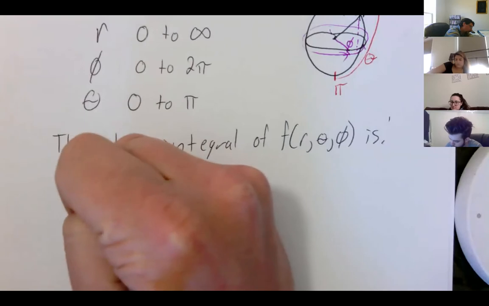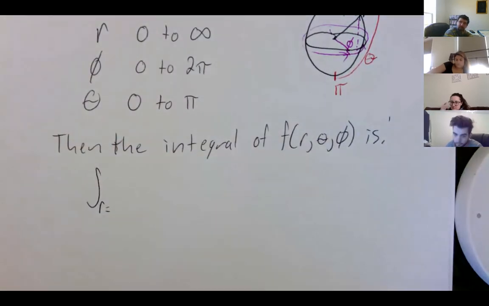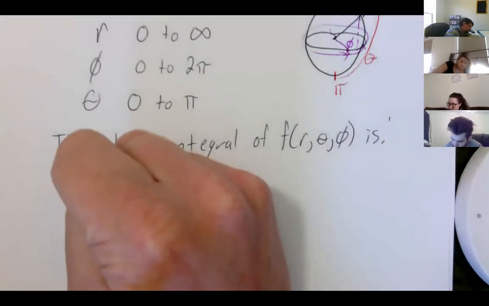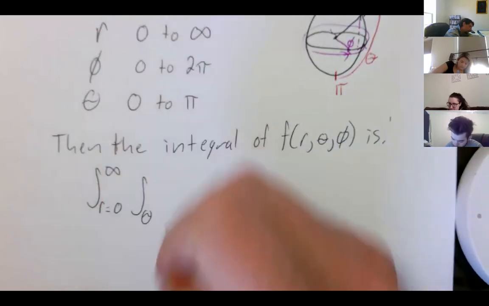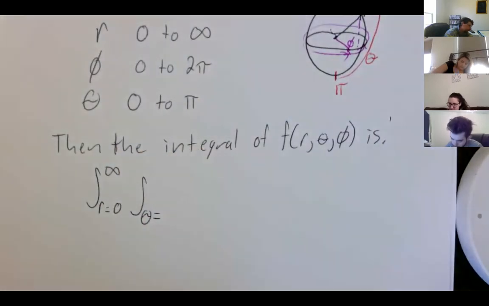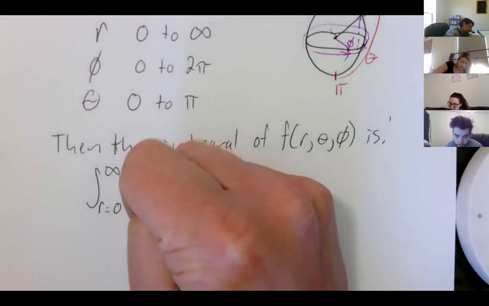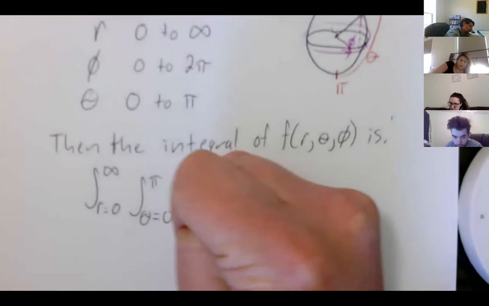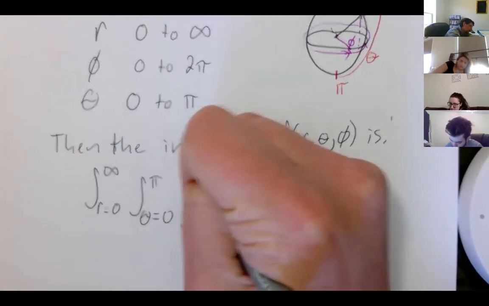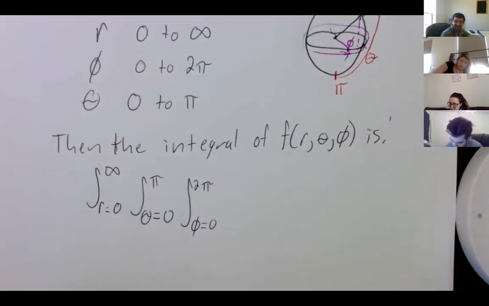We'll do r, and r is going from 0 to infinity. Then we have theta, and that's going from 0 to pi. Phi is the one that's going 0 to 2 pi. Sorry, I switched the order on you.